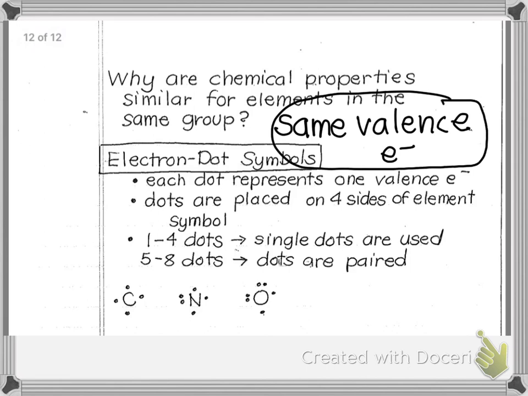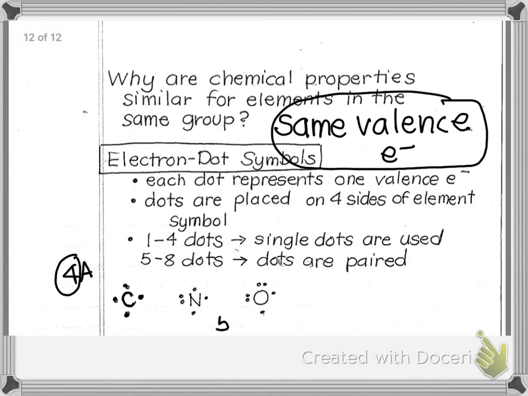Now also, one thing we do with valence electrons is sometimes we do dot symbols. Dot symbols are a way to represent valence electrons. So carbon, which is in group 4A, has 4 valence electrons. So we just write the symbol carbon and then write 4 dots around it.